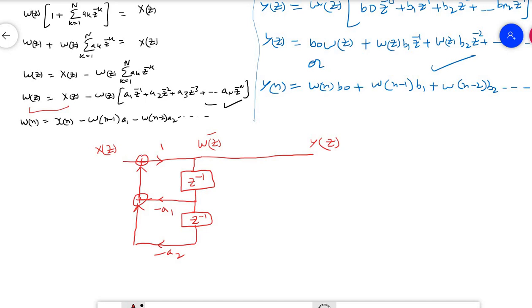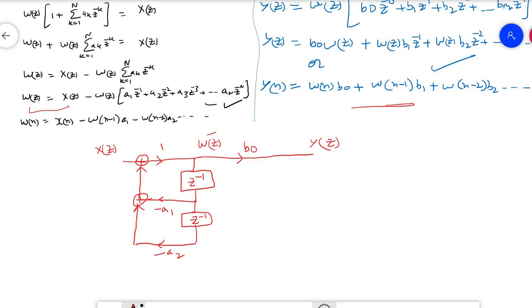Correct? Now my next equation is for the zeros. This Y(z) is equal to W(z) into b0, so this is my b0. B0 into W(z) is equal to your Y(z).